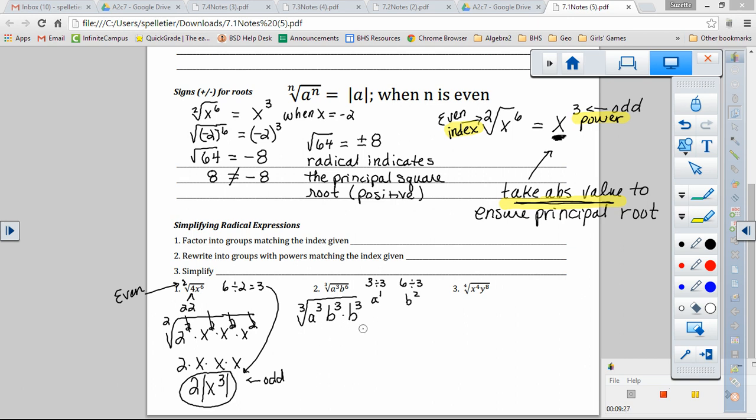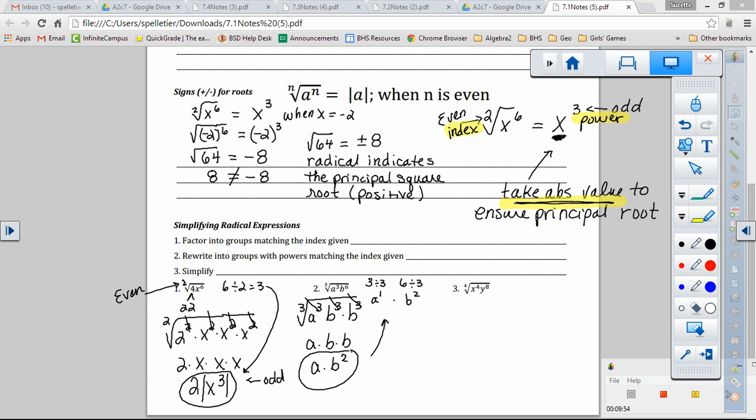Now those are all perfect cubes under a cube root, so they all come out from under the radical. Then I'm going to simplify: a times b squared. And since it's an odd radical, I don't have to worry about doing any absolute values. I only do that for evens. So there's my answer, a b squared.